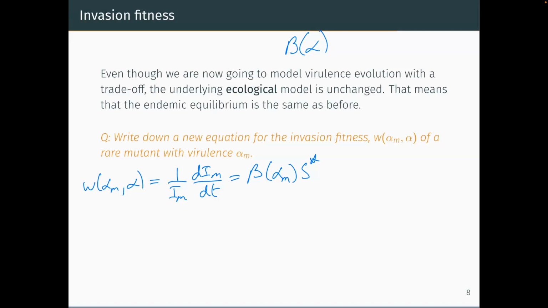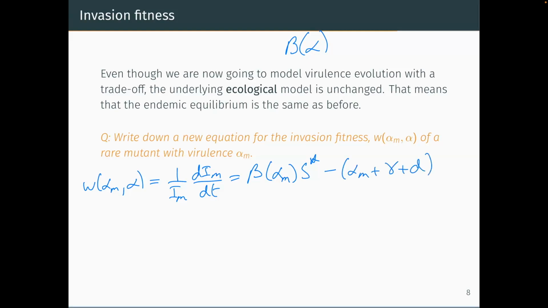So new infections by our mutant have this transmission rate based on the mutant trait value. Those are new infections of our mutant, and then loss of that mutant by recovery or death is going to be minus (alpha_m plus gamma plus d). Just include it all in brackets there for now.